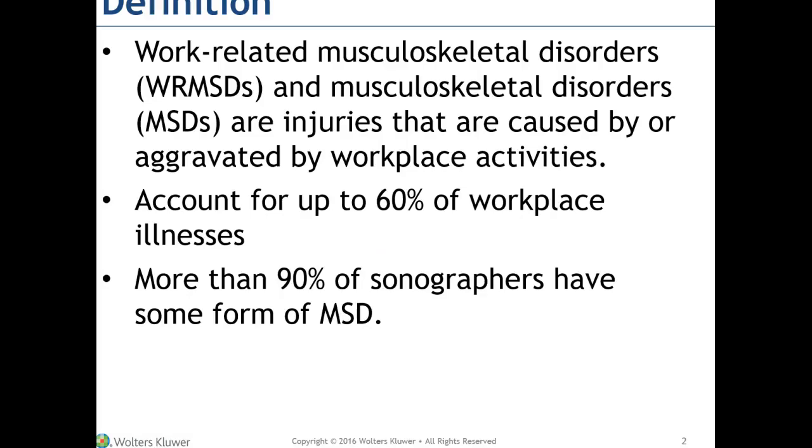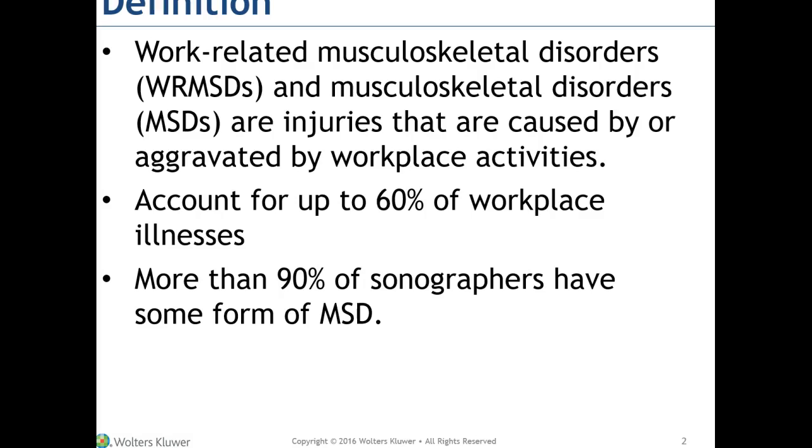Work-related musculoskeletal disorders are injuries that are caused or aggravated by workplace activities. As we just talked about, you're using that same extremity over and over again.